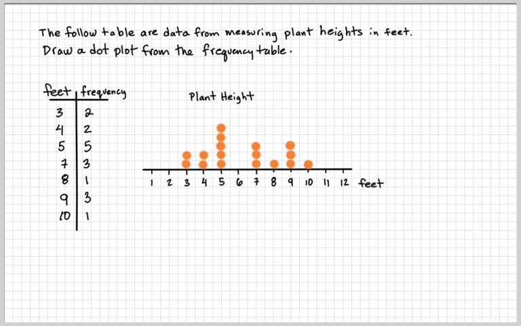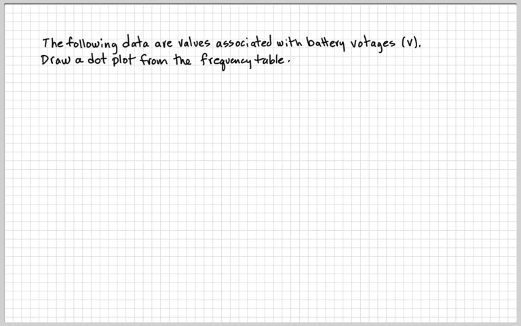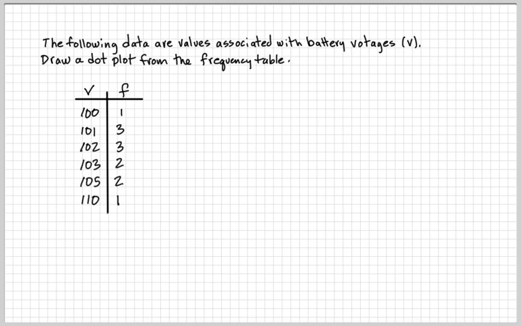Okay, what else do we got? The following data are values associated with battery voltages. Draw a dot plot from the frequency table. So these numbers, 100 volts is 1, 101 is 3, and so forth.